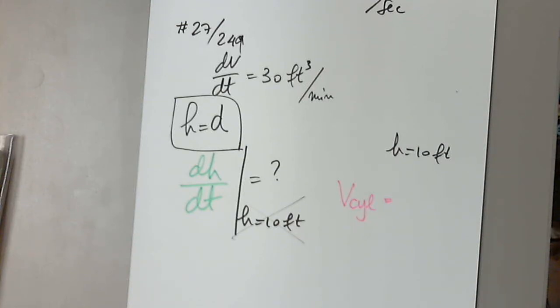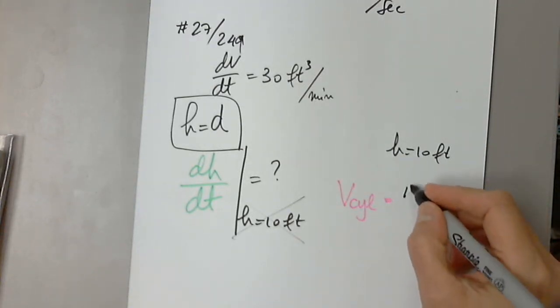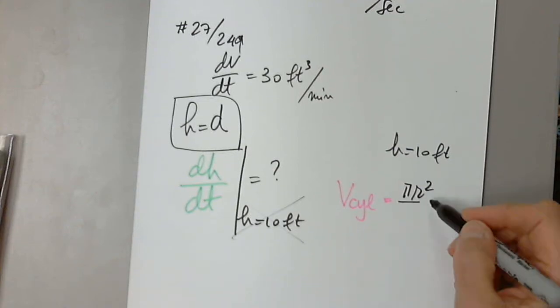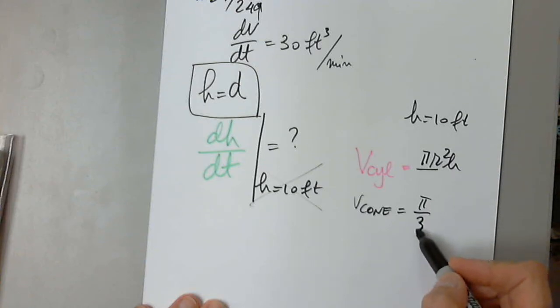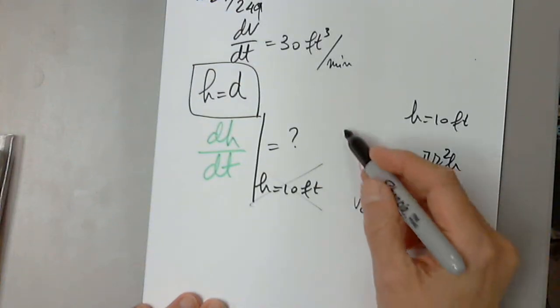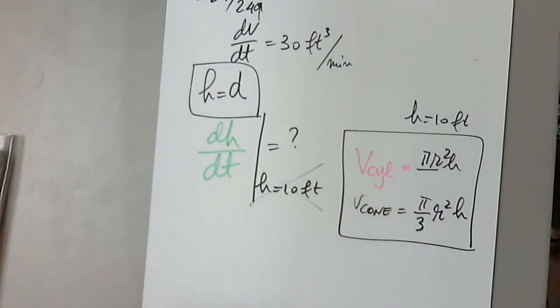The volume of a cone is identical, but divided by 3. So the volume of a cylinder is pi r squared h, and the volume of a cone is pi over 3 r squared h. I like to present them together because they are so similar, and I'm hoping that you're going to remember them together.